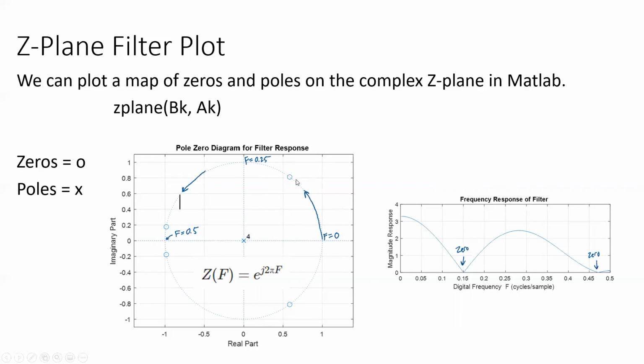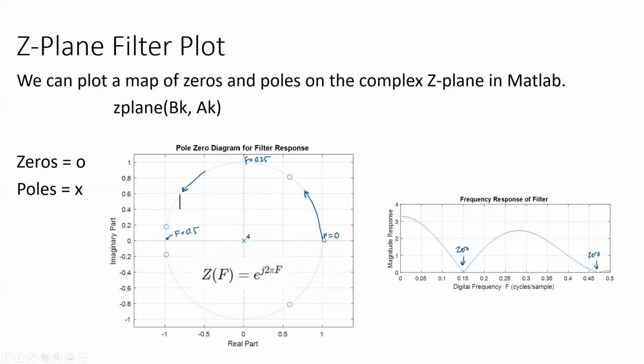As you increase your frequency, you go around this. Depending on what your sampling frequency is, that relates to different physical sample frequencies. Whatever your sample frequency is, this is where 1/4 of that will live, because the digital frequency, remember, is just normalizing the analog frequency.